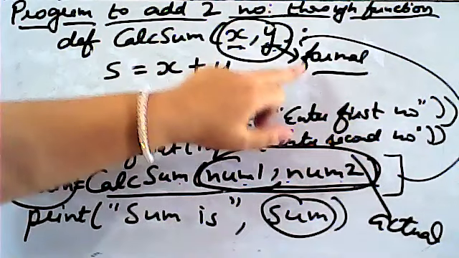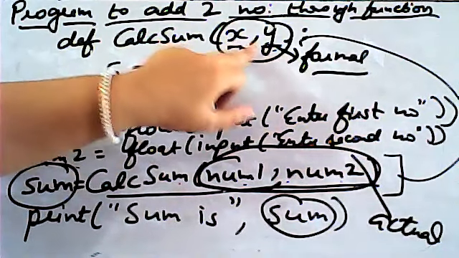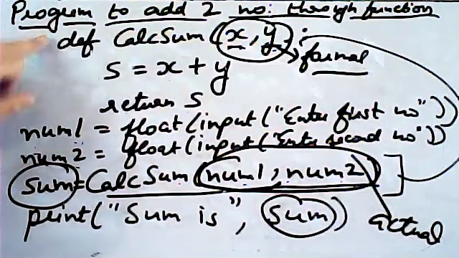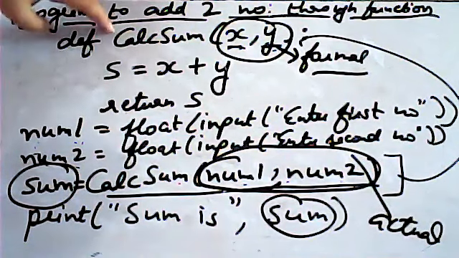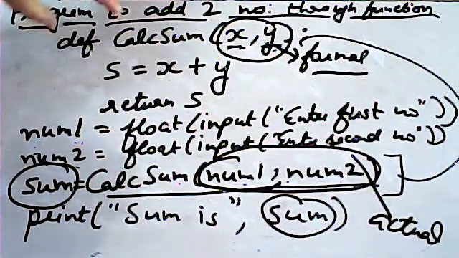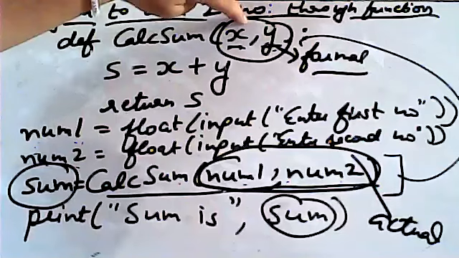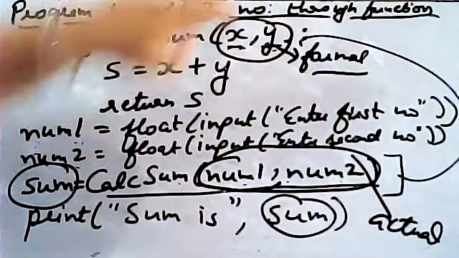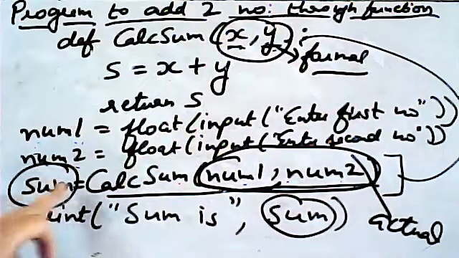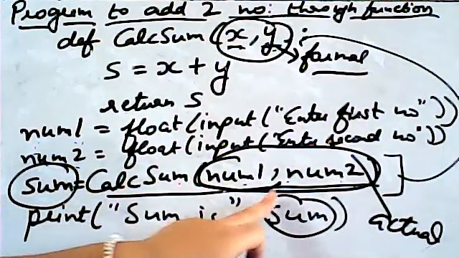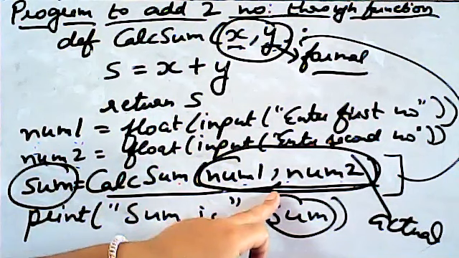Whenever parameters are passed into the function definition, the value received in the function definition header is known as a formal parameter or formal argument. But the values being passed through a function call statement are called actual parameters or actual arguments.